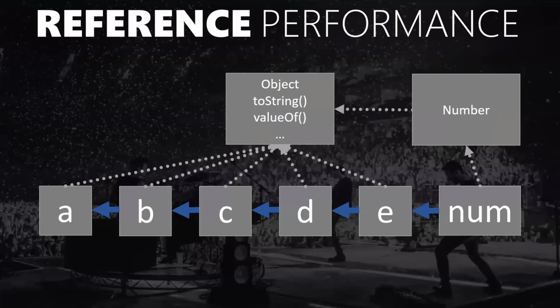If we need to access toString, for example, from num, then it has to go through number, then to object to access that function. So we have the same object reference issue or slowdown as we do with nested objects, as we do when calling base functions inside an object.